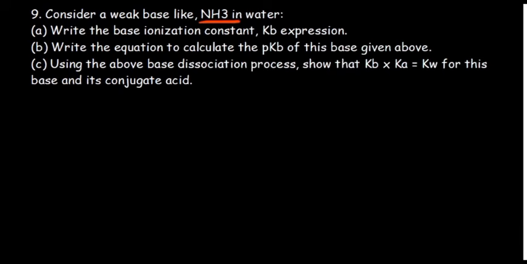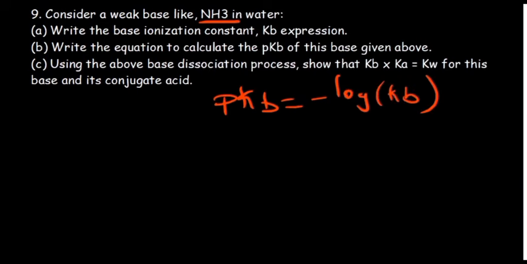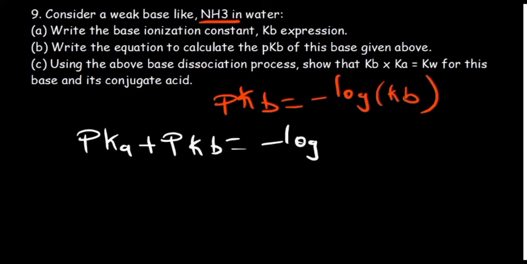Okay, part C of the question says, using the above base dissociation process, show that Kb multiplied by Ka is equal to that. So we basically understand that for our pKb, we've said it's equal to the negative log of the Kb. We also have to understand that pKa plus pKb gives us the negative log of Kw as well.